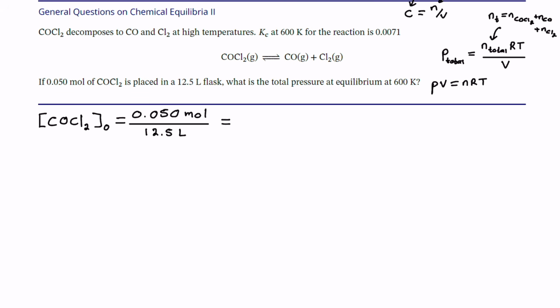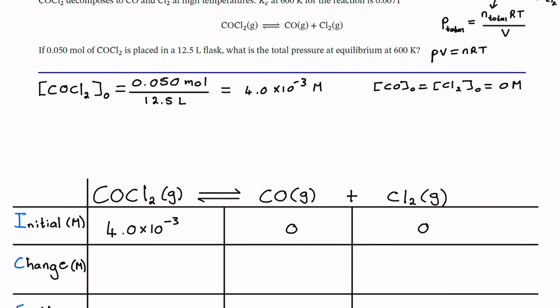It's n over V, that gives you concentration, so that's 4.0 times 10 to the power minus 3 molar. All right, and the concentration of our two products initially is equal to 0 molar.